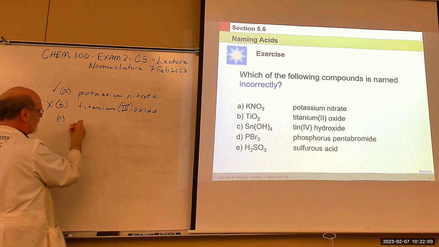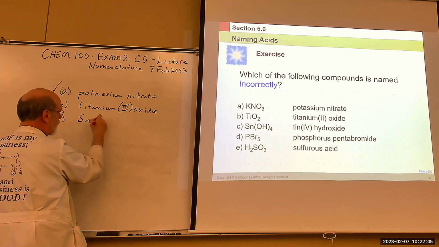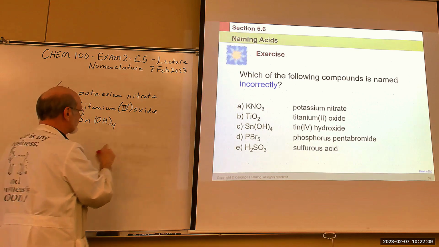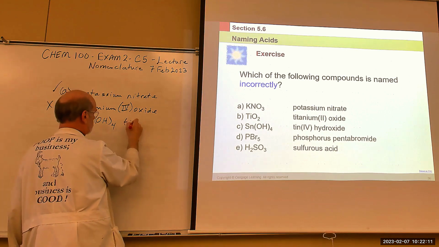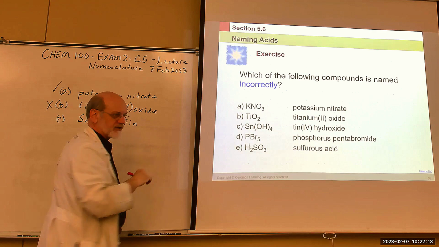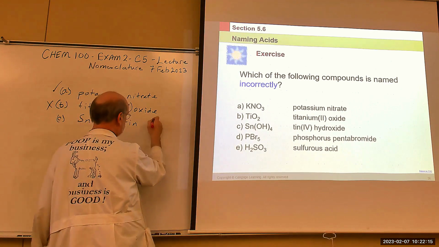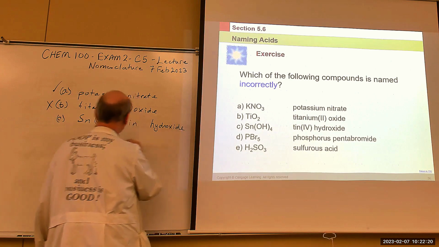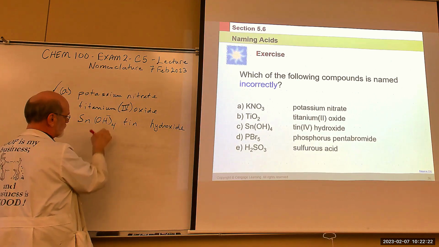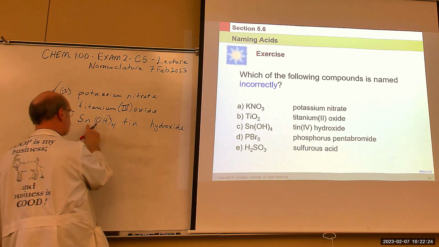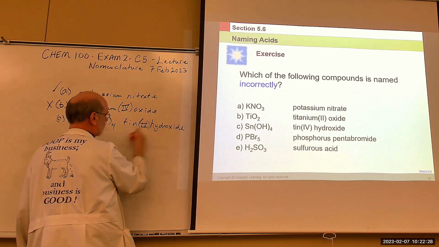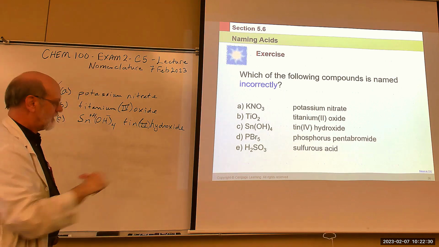How about this one? SnOH4. Okay, Sn is tin. And OH is a polyatomic ion. Is hydroxide with a -1 charge. So we got 4 of them. That means we have to balance this one with a +4. So we need there tin(IV) hydroxide. That one's correct.